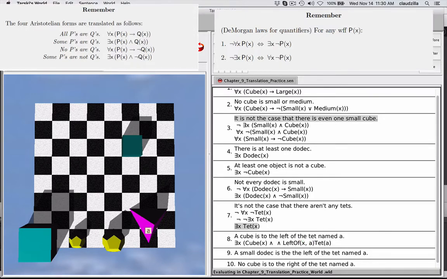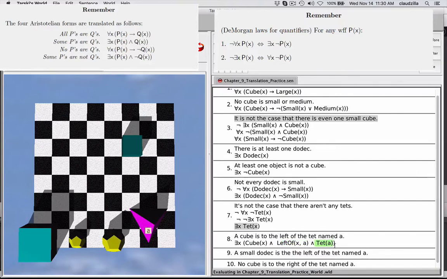So in this case, just for the ease of reading, I'm going to put the tet named A last. So we get the following. There is something, that thing is a cube. Oops, sorry, two conjunctions there. So let me start again. There is something, that thing is a cube, and that thing is to the left of A, and A is a tet.